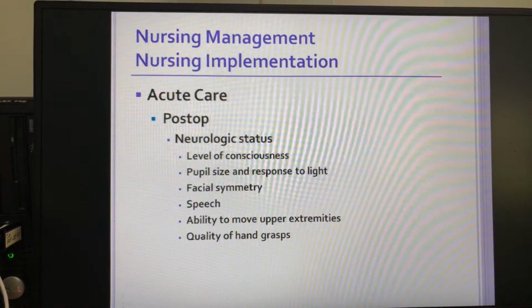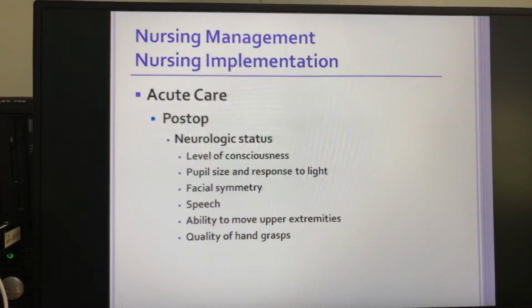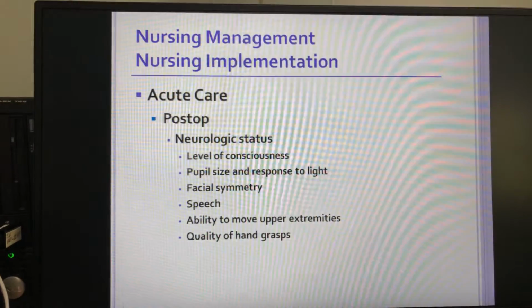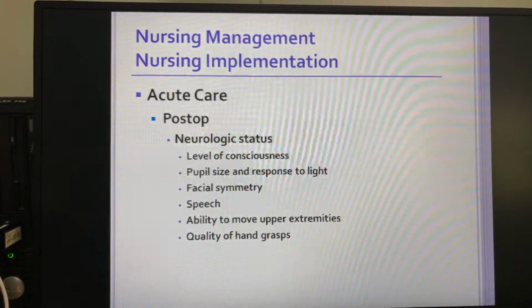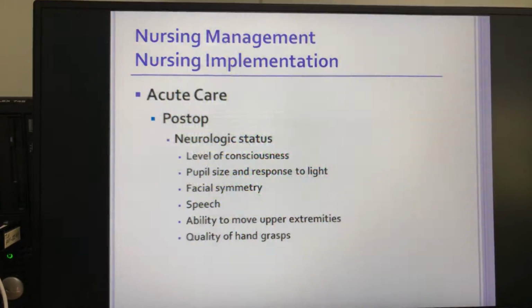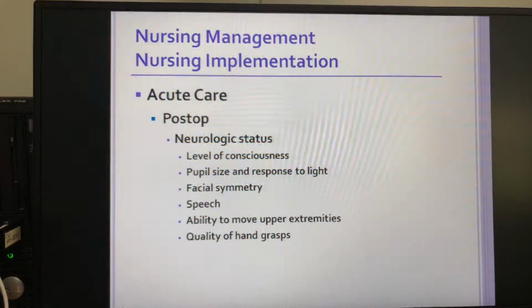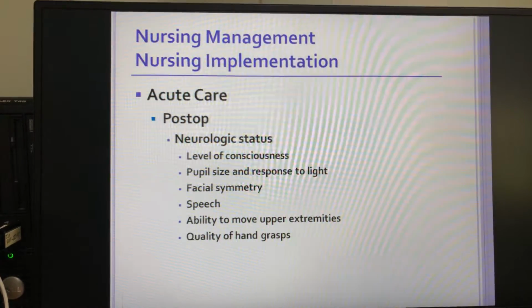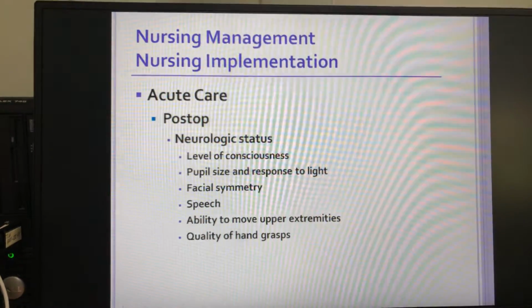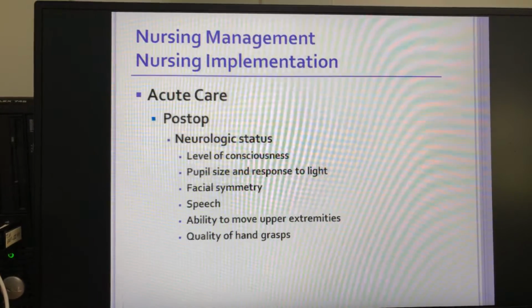Again, it'll be a good time to utilize the GCS, your Glasgow Coma Scale, looking at pupil size and reaction to light, facial symmetry, the speech, ability to move upper extremities, and the quality of the hand grasp. You can collect that data by just using your Glasgow Coma Scale for that assessment.